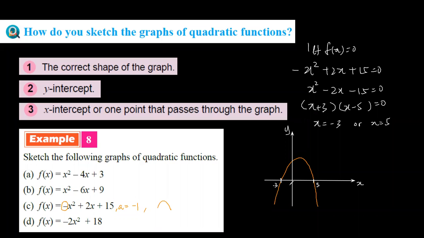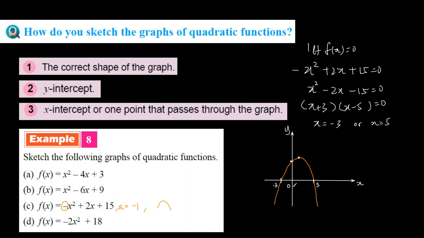the y-axis is where x equals 0. So 0 is closer to negative 3 than to 5. This is the thing you need to take care of. Make sure that you put the y-axis at the correct position, because this is the maximum point. You wouldn't like the y-axis position put at the wrong side.